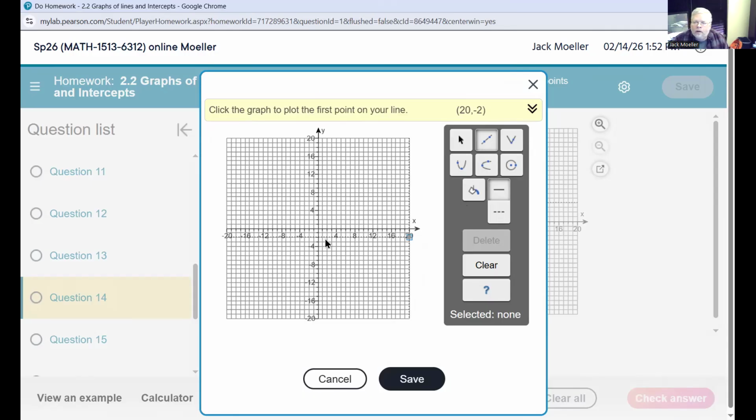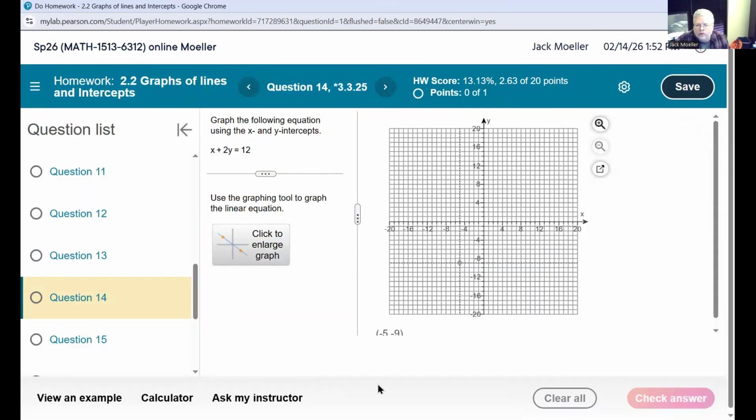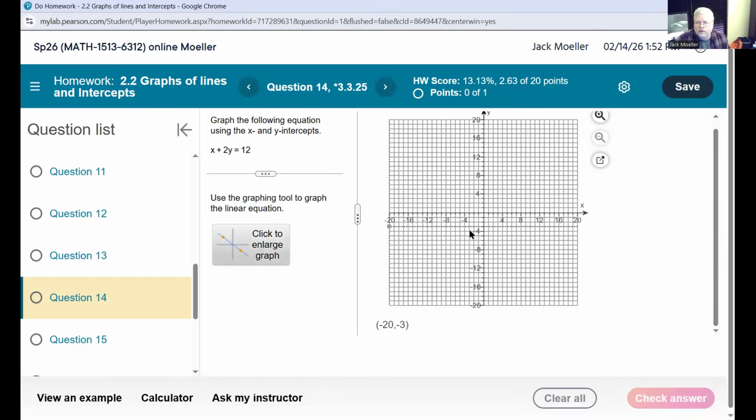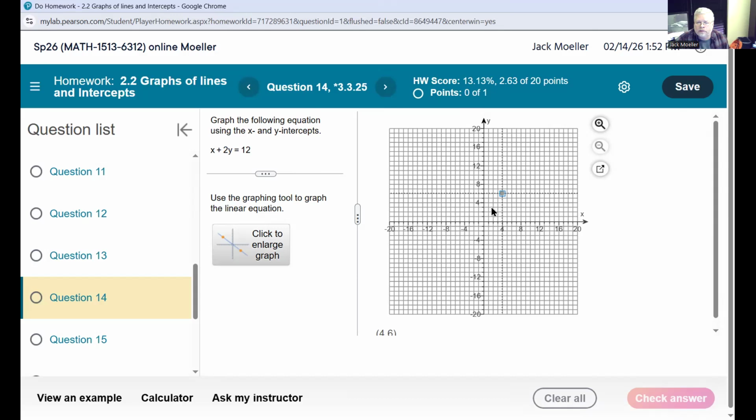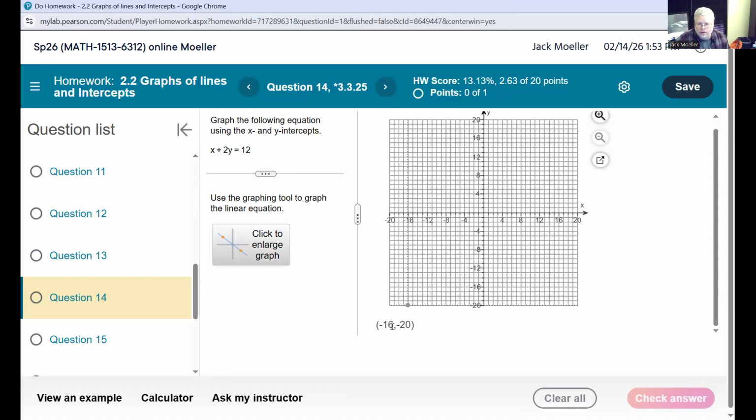Notice, when I didn't enlarge it, it starts with the line tool by default. But notice in the lower left, as I'm moving the cursor around, it's telling me where the cursor is.